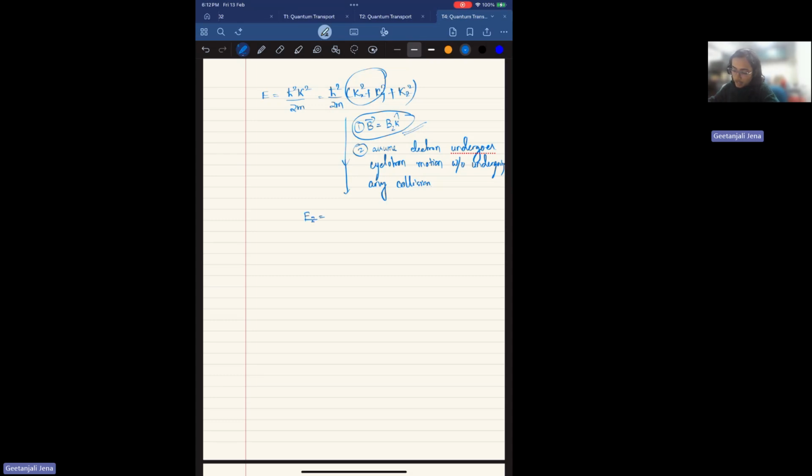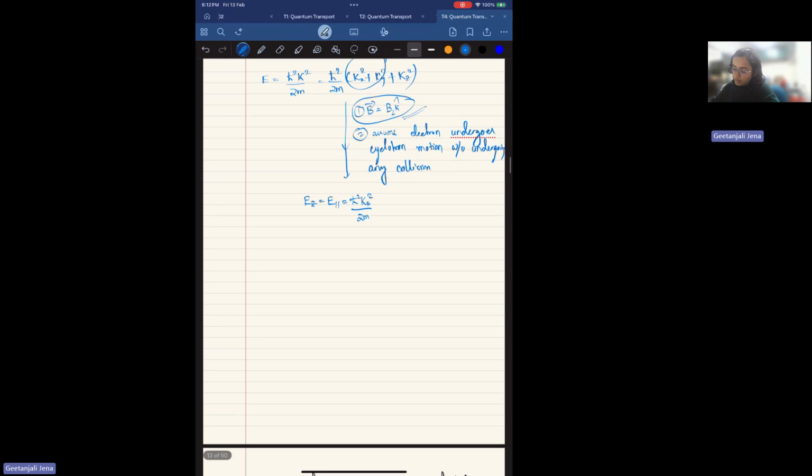The Ez component will remain as it is, because the magnetic force doesn't do any work in the direction parallel to the magnetic field. But the energy perpendicular to the magnetic field will now become discretized. We can borrow a concept from quantum mechanics.